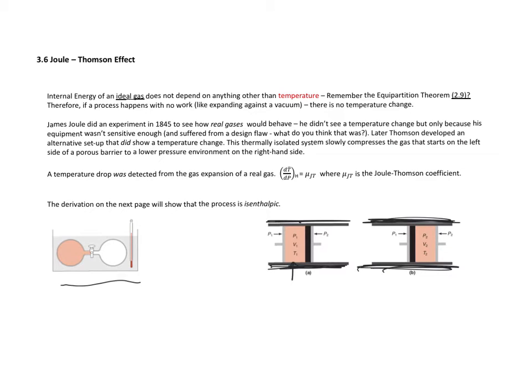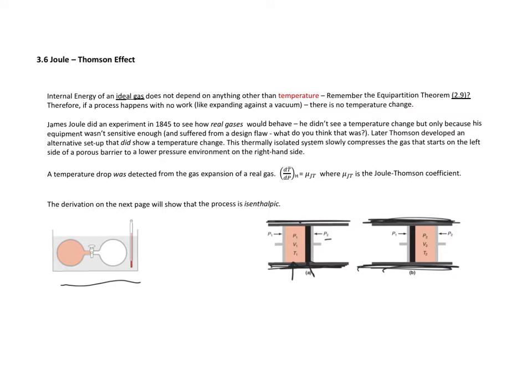And the black barrier between it and the right-hand side of the device is somewhat porous, so that under pressure, gas can go through. Now, the opposing pressure, P2, is adjusted so it's less than whatever P1 is. So you have a thermally isolated system, slowly compressing the gas that's on the left side of the barrier, and some of the gas gets through to go to a lower pressure environment on the right-hand side. In this case, he detected a temperature drop.